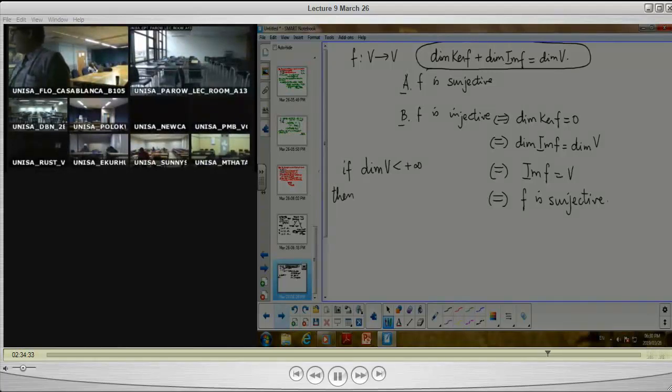They are the same thing. So sir, technically speaking, you can say that if something is finite dimensional, then it's definitely bijective.